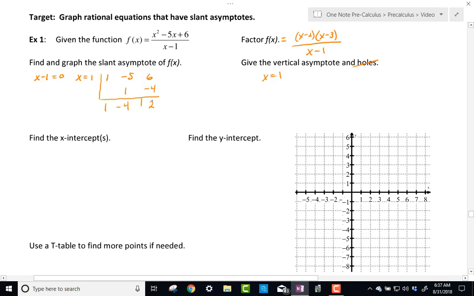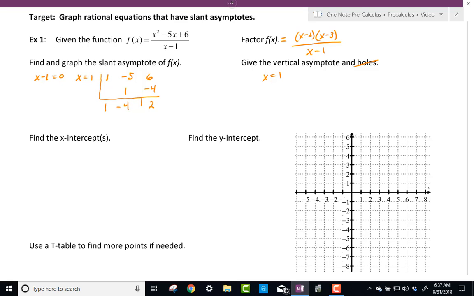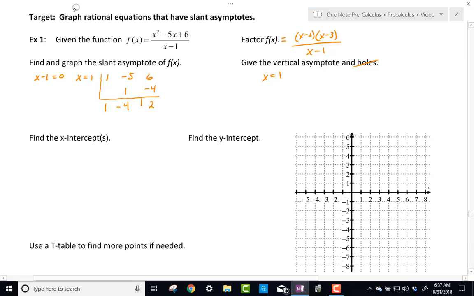So here's the nice thing. When I'm finding a slant asymptote, I don't worry about the remainder. I get to drop this guy off. Drop remainder. I don't care about that in terms of where my slant asymptote is at.